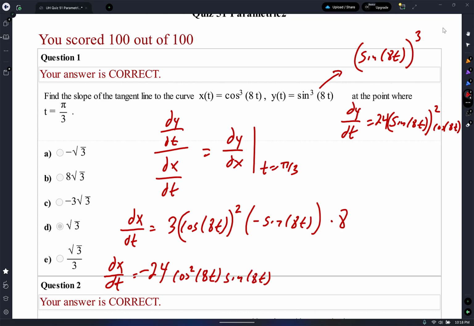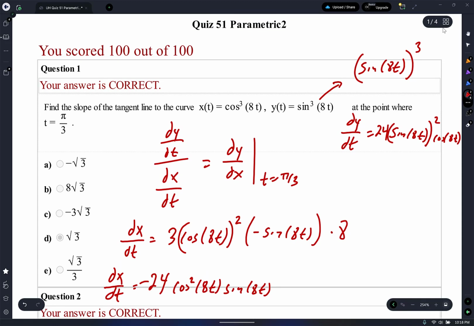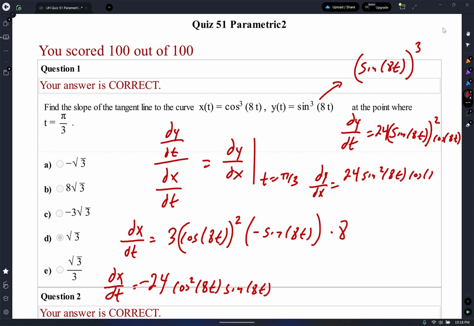Okay, now I'm just going to put dy/dt over dx/dt, guys, and let's see what cancels out. So dy/dx equals 24 sine squared of 8t cosine of 8t over 24 cosine squared of 8t sine of 8t.